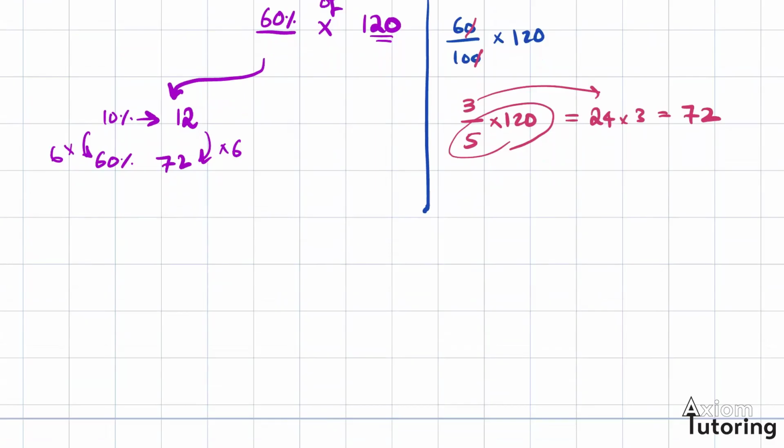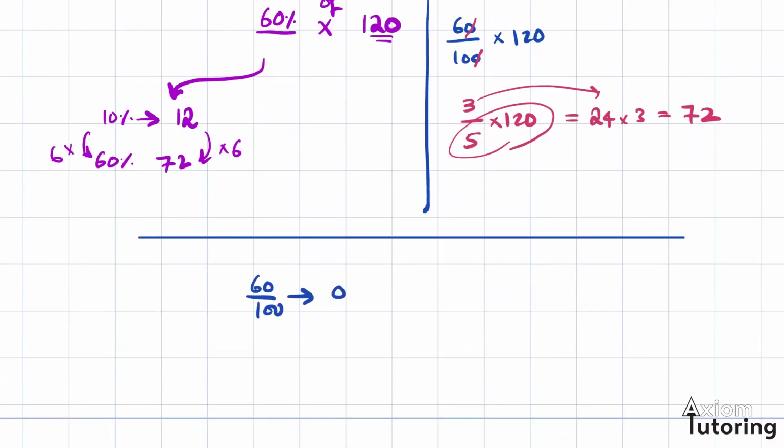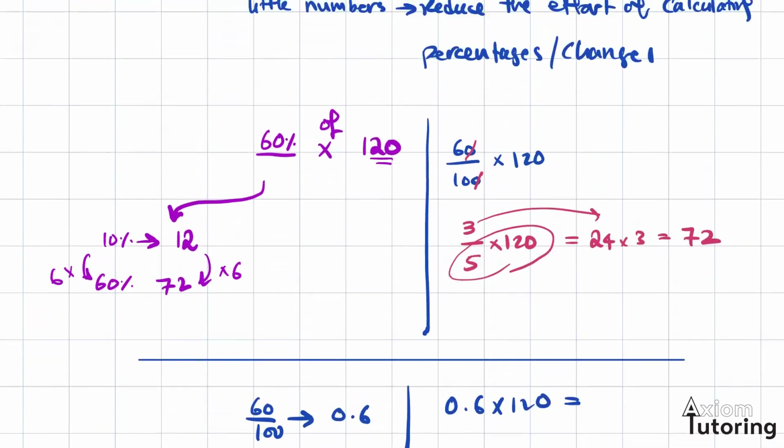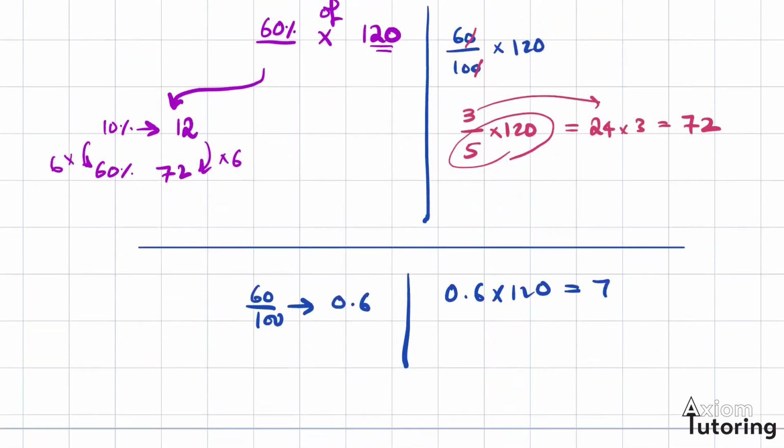I can't stress enough that this is probably the most important concept you'll learn on this topic. 60 over 100 is the same as 0.6. So 60 over 100 times 120 is the same as 0.6 times 120. And if we put this in our calculator, right away we'll get 72.